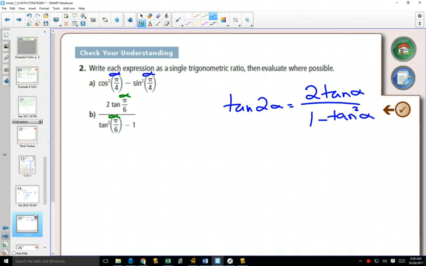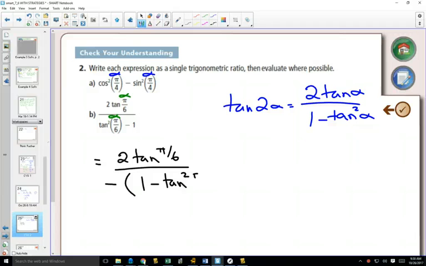So if we take this and on the bottom factor out a negative, that's the same as this whole fraction, right? A negative on the bottom of a fraction or a negative on the top of a fraction, that's like having the entire fraction negative.